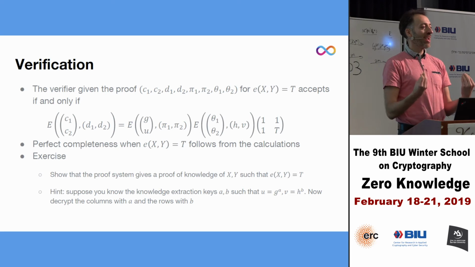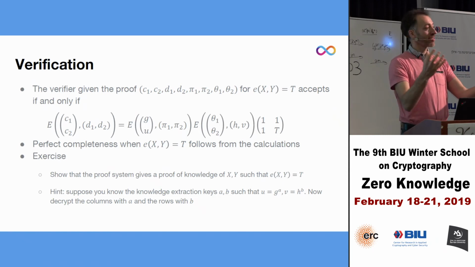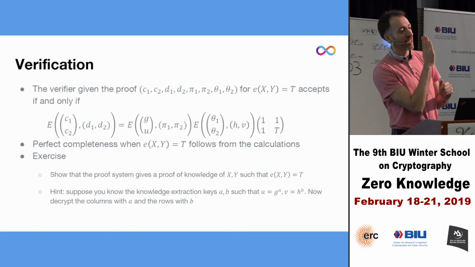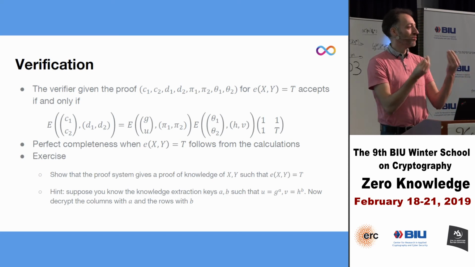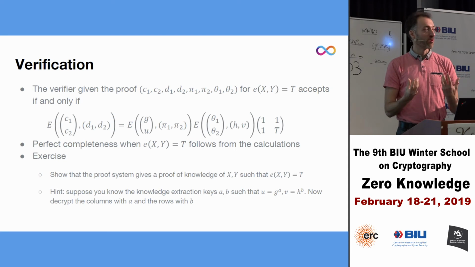But then we imagine that it's a proof of knowledge in the sense that if we know the matching A and B, okay, suppose this angel that came and gave us the common reference string also said, and oh, by the way, it's A and B, right? Then now it's a proof of knowledge. You can actually use that to extract the X and the Y. So it's a proof of knowledge.